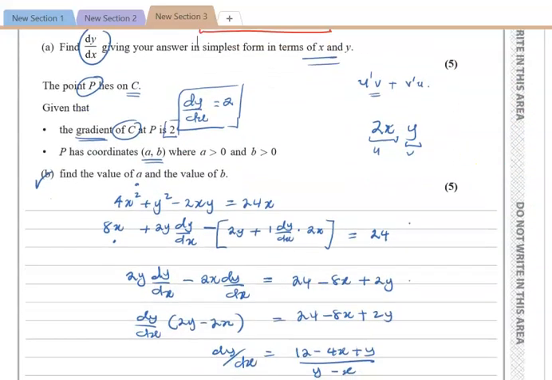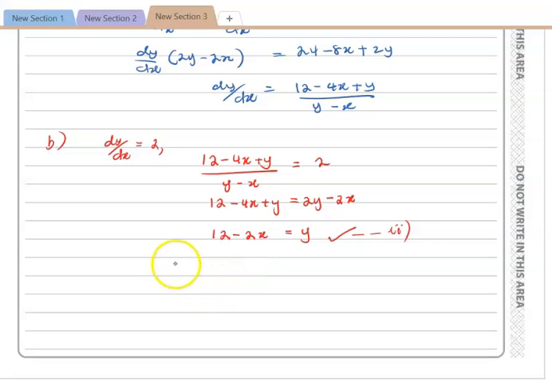So I will write this over here. This is the first equation, or the equation of the curve, which is x squared plus y squared minus 2xy equals 24x. So this is your first equation. This is the condition for the point where dy/dx equals 2.